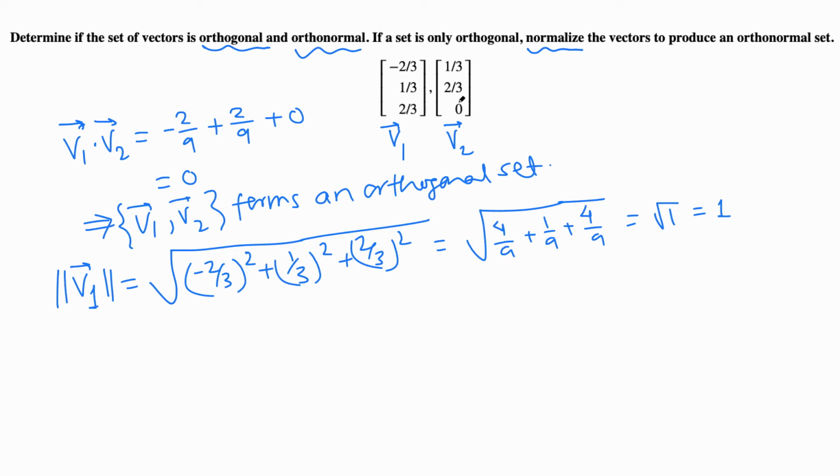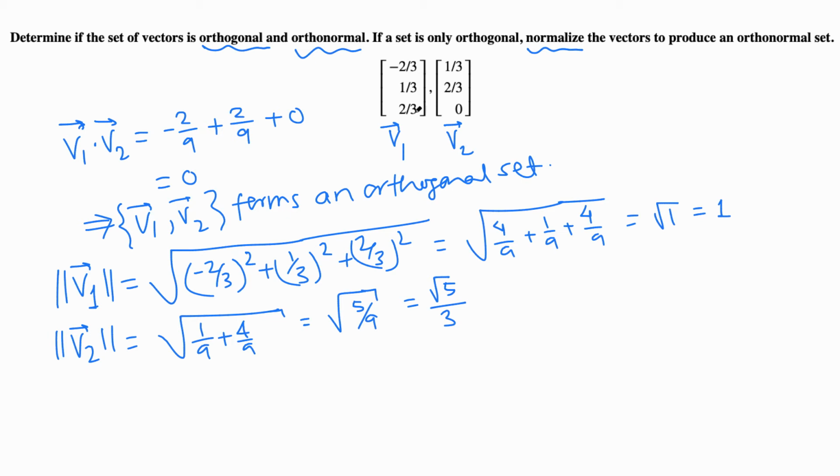If this vector is also a unit vector, then they are orthonormal. Let's find the magnitude of v2, norm of v2, which is 1/3 squared plus 2/3 squared, which is 5/9. That is root 5 over 3.